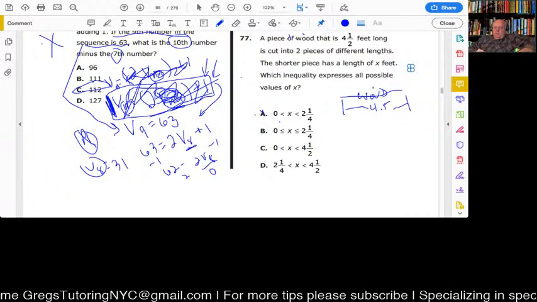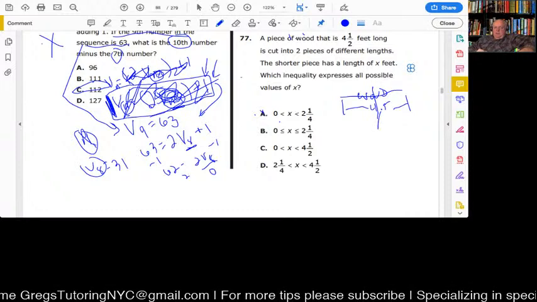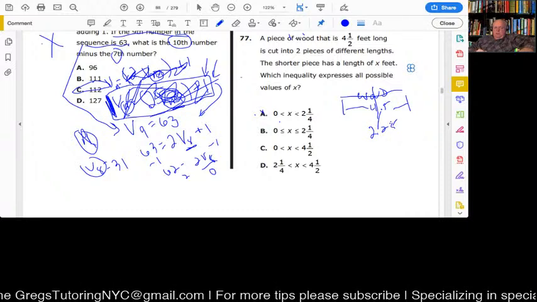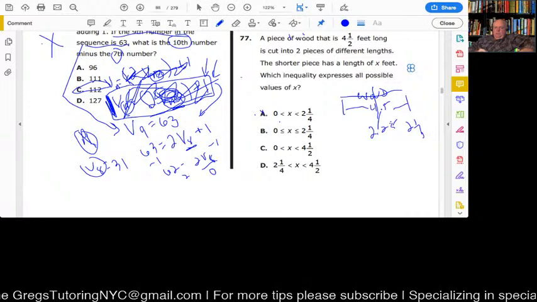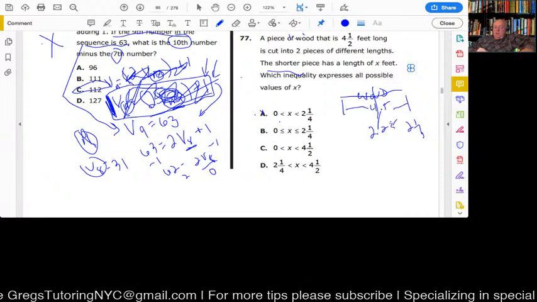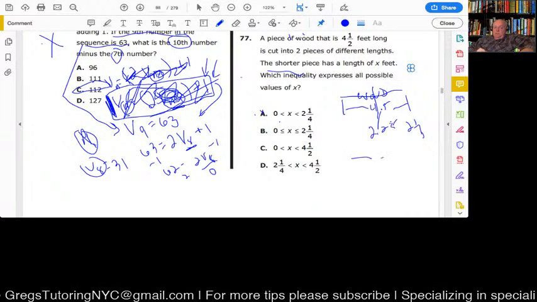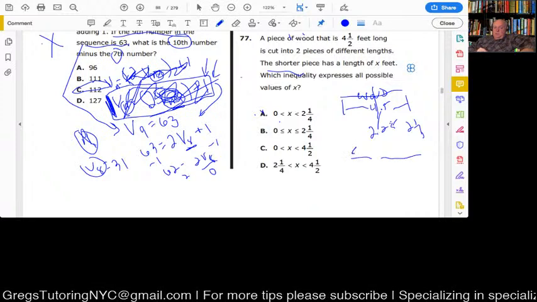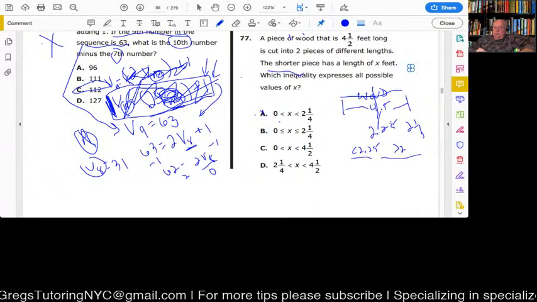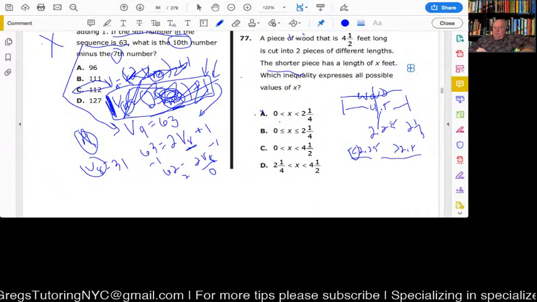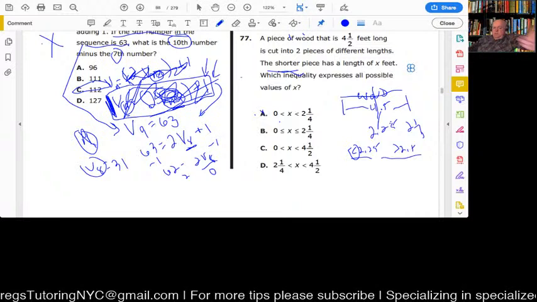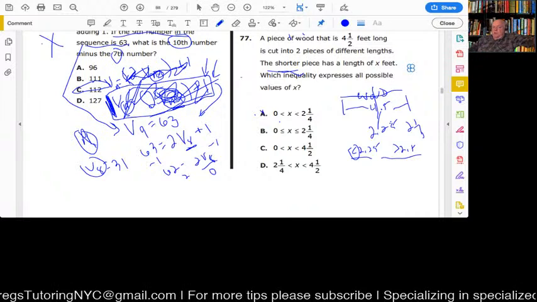So if we were to cut it exactly in half, we get 2.25 or 2 1/4. The shorter piece. So it's telling us that there's now 2 pieces. One is less than 2.25, and one is greater than 2.25. We know no piece is equal to it because it says the shorter piece. As there's only 2 pieces, one has to be shorter, one has to be longer.